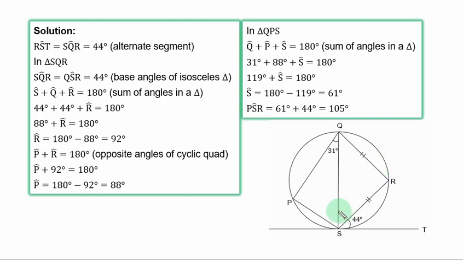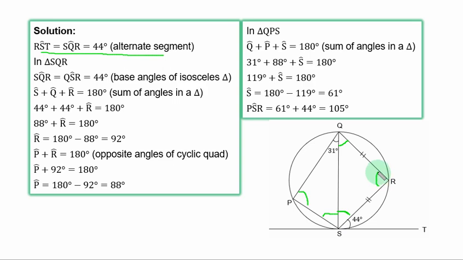Solution. First, we need to get this angle, part of the required angle. And to get that angle, this angle is first needed, which is equal to 44 degrees, alternate segment. So this angle is known.